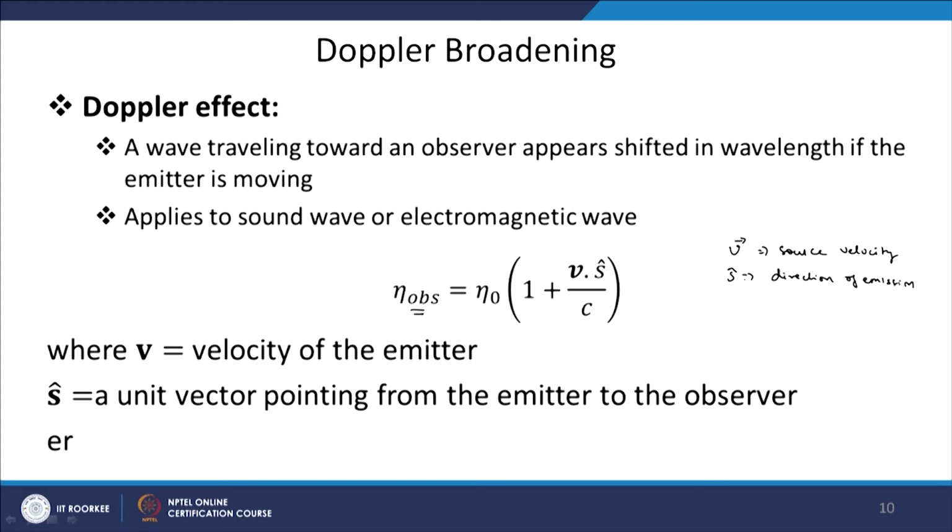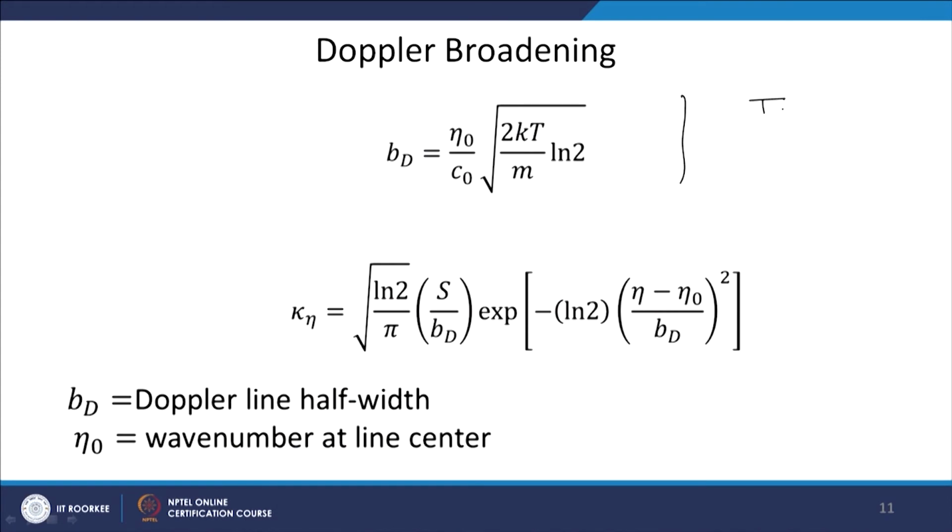With this we can find the observed frequency, wave number or wavelength of the photon, and this leads to what we call Doppler broadening. The Doppler broadening depends on temperature, and the profile is Gaussian in nature. We can plot the broadened profile of the line, which depends on line strength, Doppler width and the Gaussian profile. So, this is the Gaussian profile of the Doppler broadening.